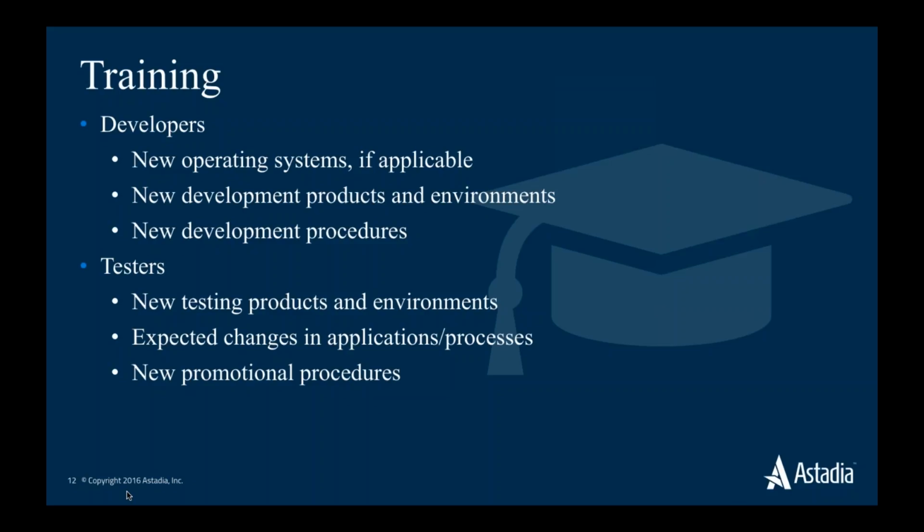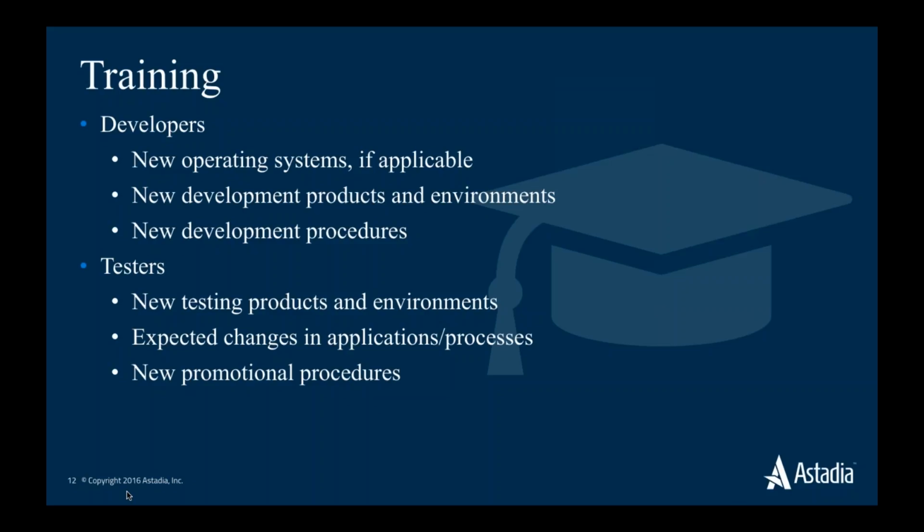So the testers are going to need training on those products as well as the expected changes in the application and the processes. So in any modernization project, you want to try to keep things as similar to the way you're doing it today as possible from a business process perspective. You want to keep the change to a minimum to ease your way into the new modernized environment.